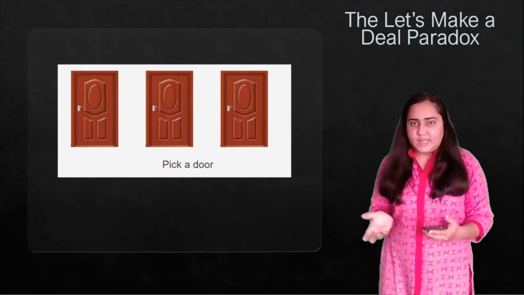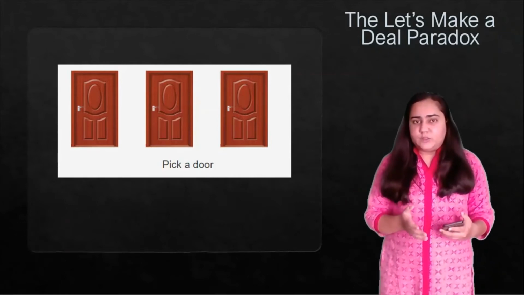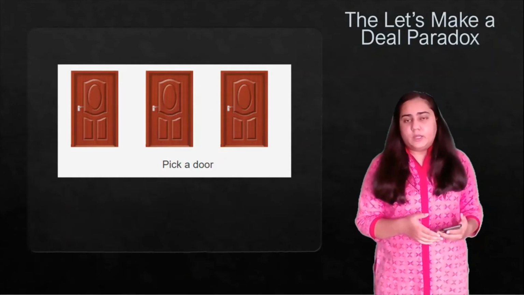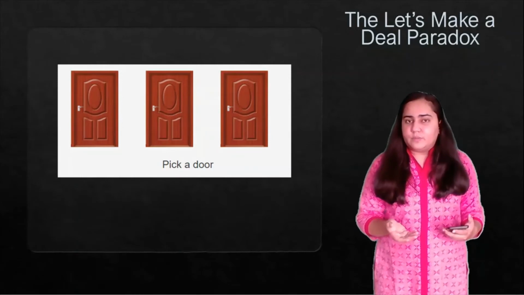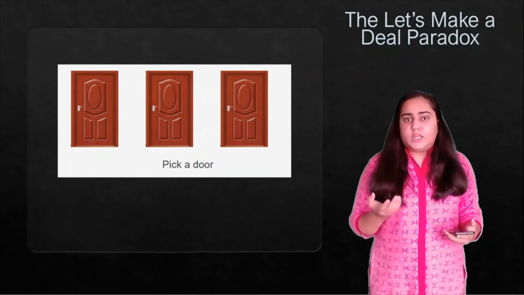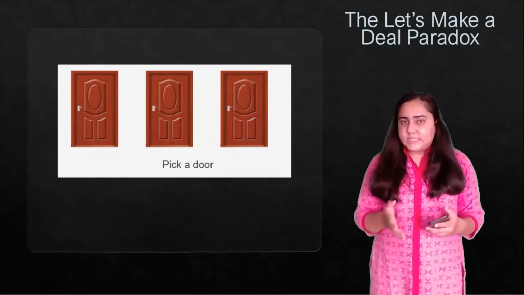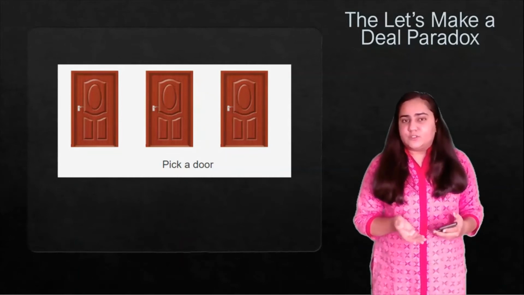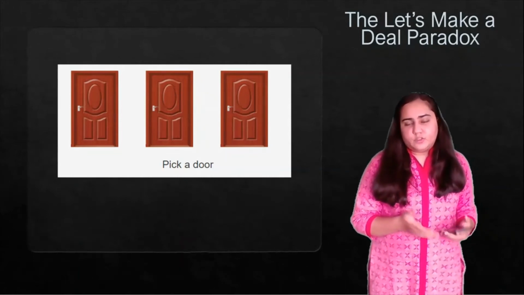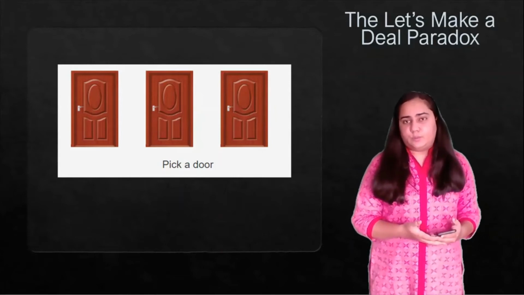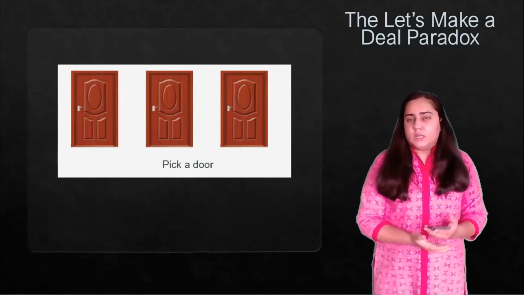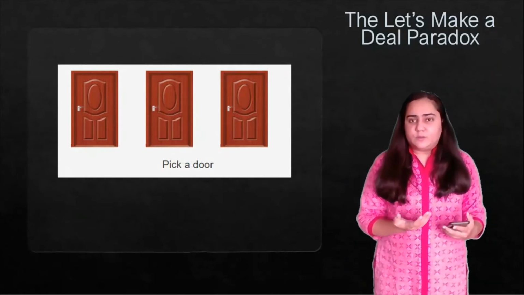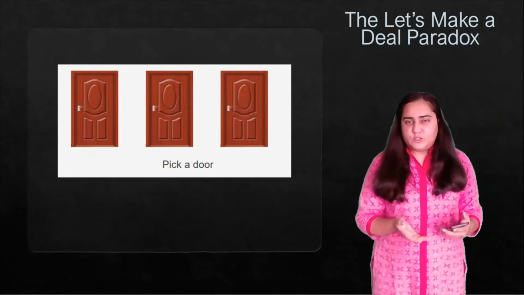One of the other 2 doors will be opened, and then the host would ask you whether you want to stick to the door that you have selected, or switch to the other door that is not opened yet. So that is how the game works. And it's all about probability, if you understood.